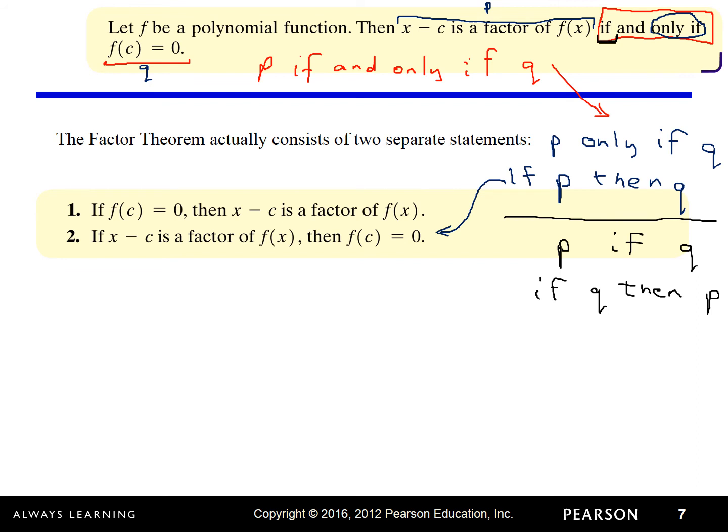If P, then Q, which of course is the first part. So if you see an if and only if, just remember that it's a biconditional. The conditional goes both ways.